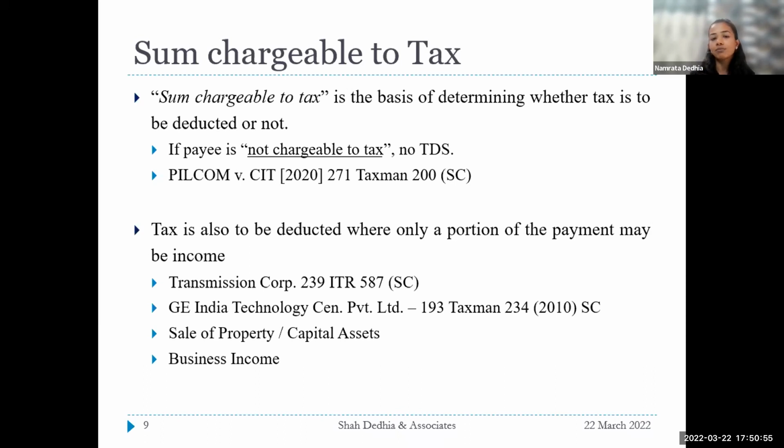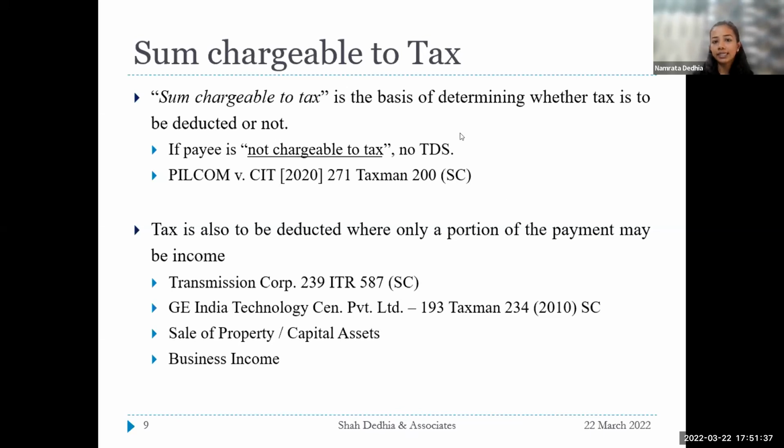But in my opinion, what has been missed out is that the Act itself facilitates you to evaluate the DTAA position. The Act itself allows you to access the DTAA and see if a particular payment is taxable under the DTAA or not, through Section 90. And therefore, that is also a part of chargeability under the Act. Therefore, if a payment is not taxable under the DTAA, it should be excluded from the obligations of 195 also.